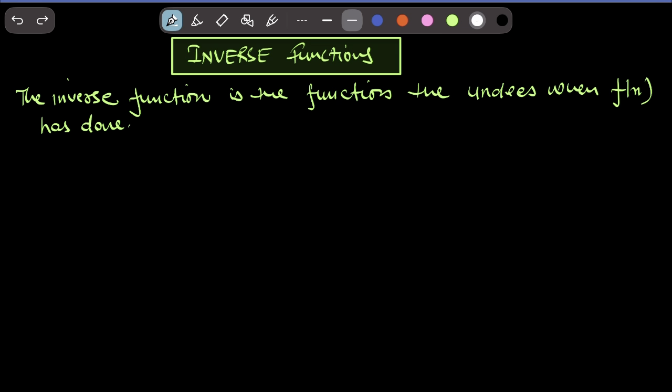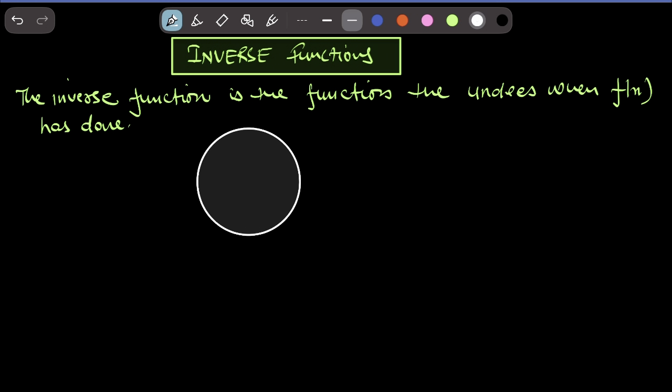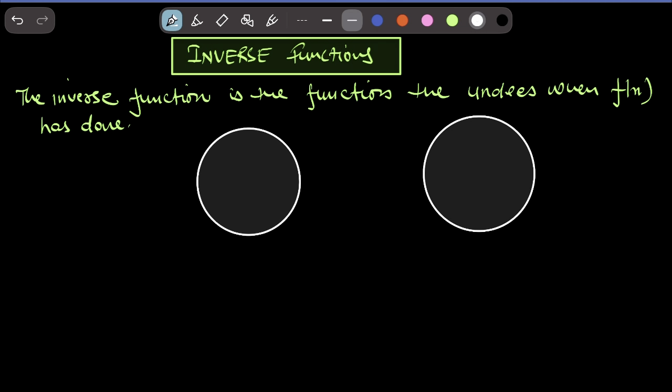Okay, to understand the concept in detail, let's take one input value set and let's take one output value set. Okay, so these are two input and output value sets connected by each other using a function. So let's say this is our f of x equals to x plus 1. Okay, now suppose if I say that the input value is 2, so output value is going to become 2 plus 1, that is 3.